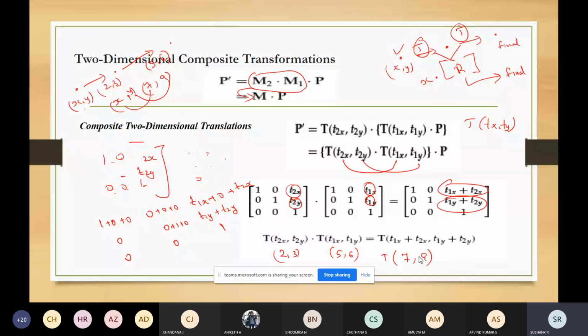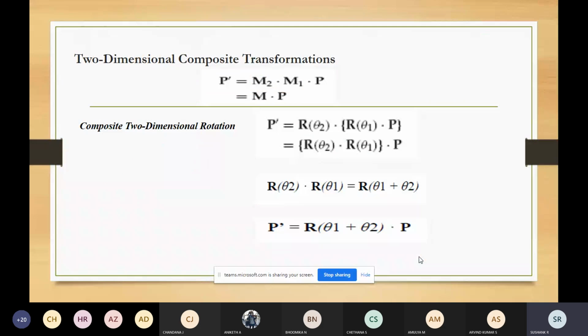So for rotation also the same thing. When you want to rotate an object first by theta 1 and then again by theta 2, instead of performing the two separate rotations, you just add the rotations theta 1 and theta 2. I mean, first you want to rotate an object by 45 degrees.